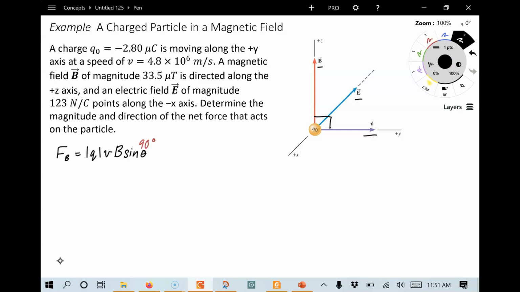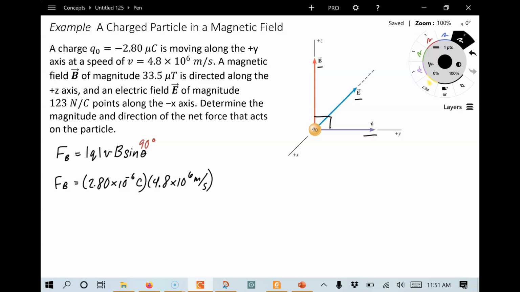And if we go ahead and put in some values to calculate Fb, for the charge magnitude, we see it's negative, right? That's okay, we're just going to put in the charge magnitude, so 2.8 times 10 to the minus 6 coulombs. The speed is given to us, 4.8 times 10 to the 6th meters per second, so it's zipping along pretty quick.